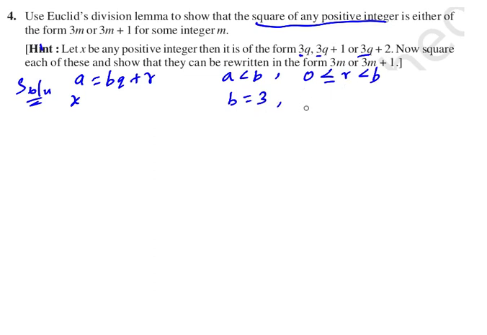So, if we substitute b here, 0 less than or equal to r less than 3. So, r equal to 0, r can be 1, r can be 2. But r should not be equal to 3 because r is less than 3.